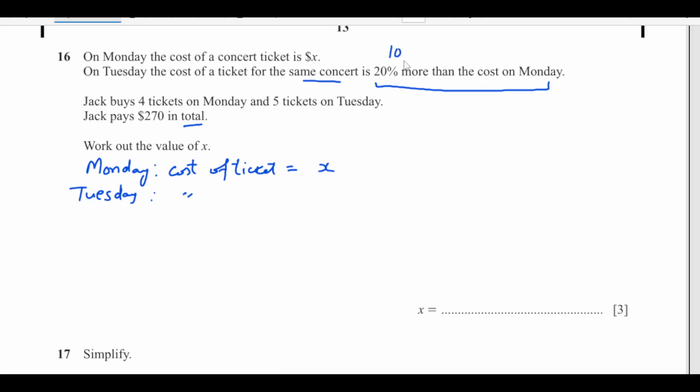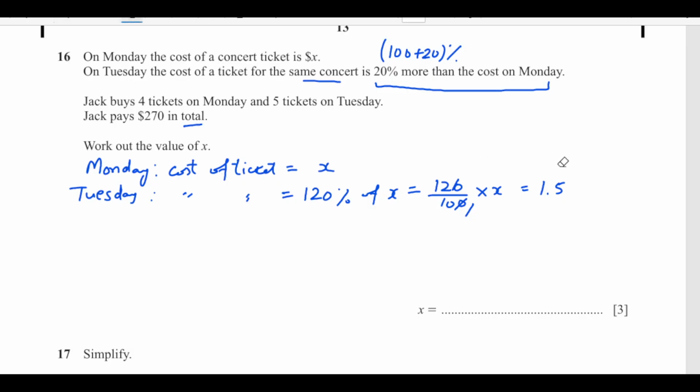So meaning 100 plus 20, we can write down 120% of x. So this will be 120 over 100 times x. So we have this as 1.2, let me erase. This is going to be 1.2x.